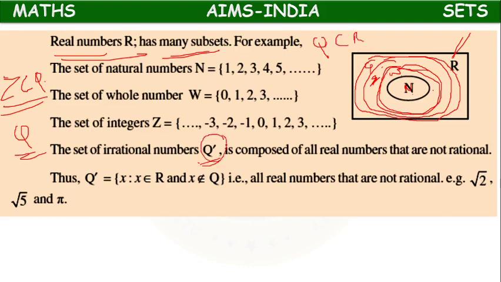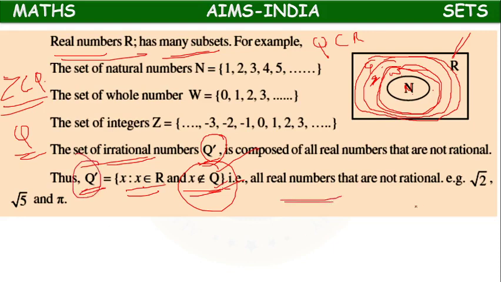If you take irrational numbers, which are not rational numbers, x such that x belongs to R, x does not belong to Q. Here Q stands for rational numbers, so that's why it is named as Q dash, irrational numbers.